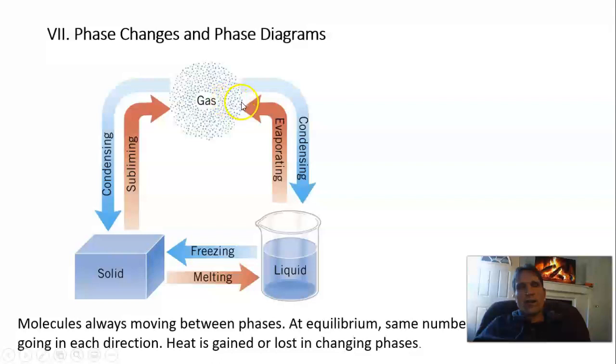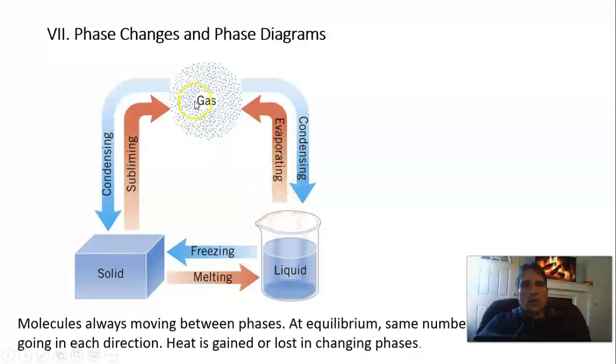What's really going on at that temperature is that there's an equilibrium, in which case there's an equal number of molecules going from the liquid phase to the gas phase as from the gas phase to the liquid phase. Now this equilibrium depends on the vapor pressure, but you get molecules going in both phases.